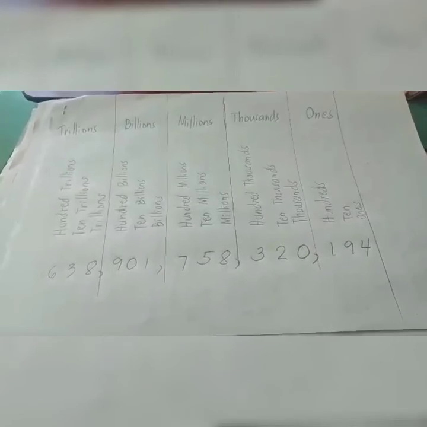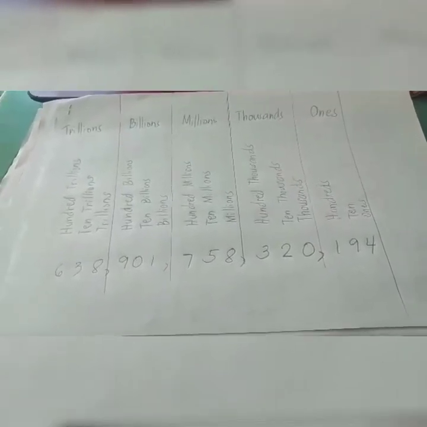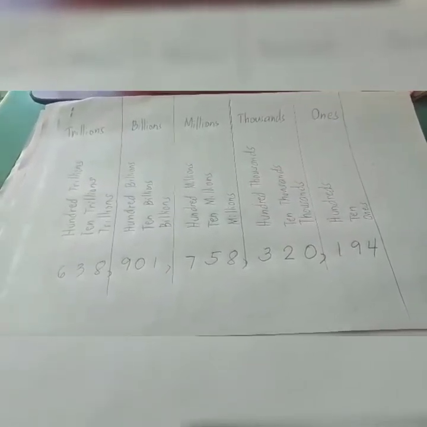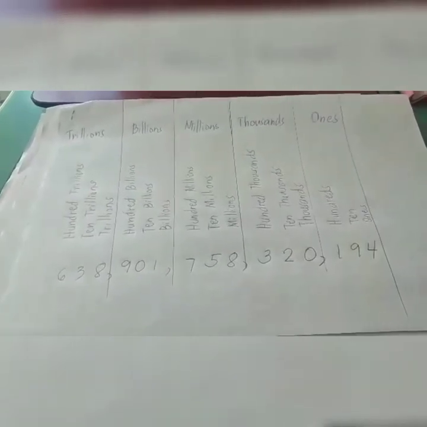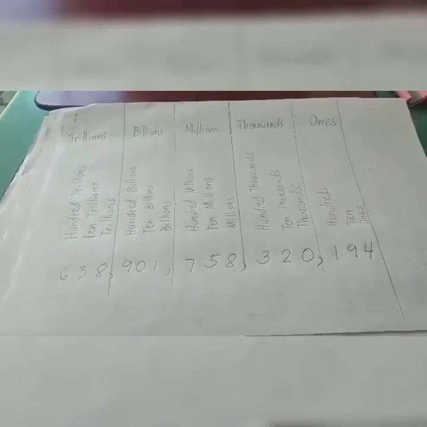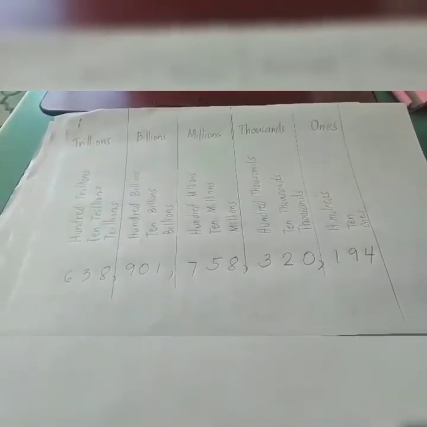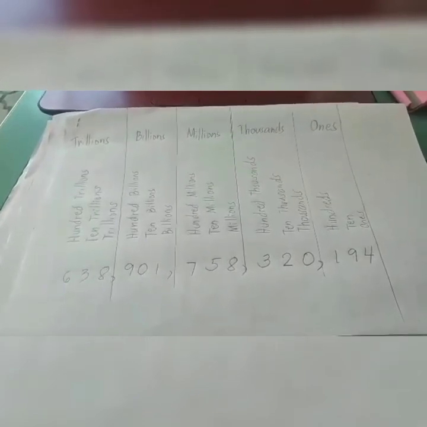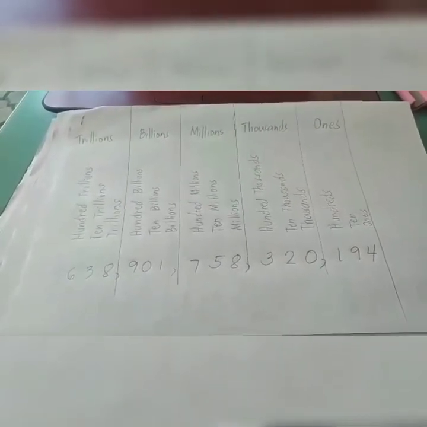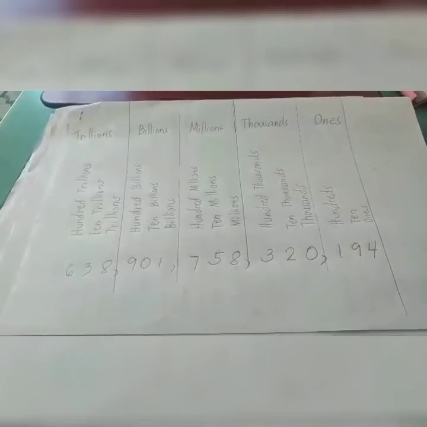The one is thousands, and the other one is 10 billions. What is the digit in hundreds? Correct, it's 1. What is the digit in 10,000s? You got it right, it's 2.